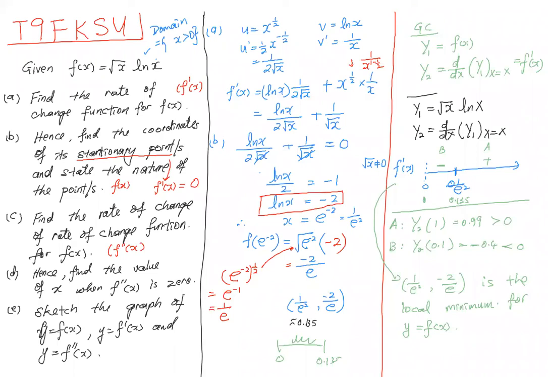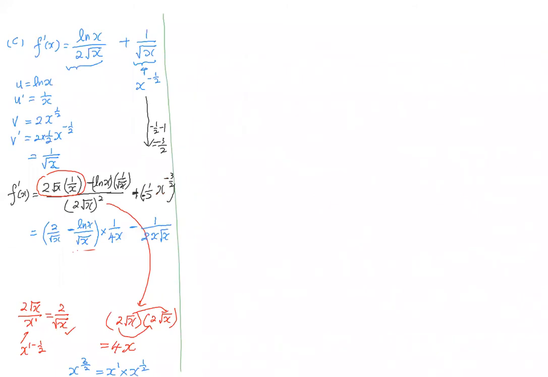Okay, so I'm going to go into part D. Before I get into part D, today I want to talk about this: if f double prime x equals 0, that means it is the inflection point of y equals fx.